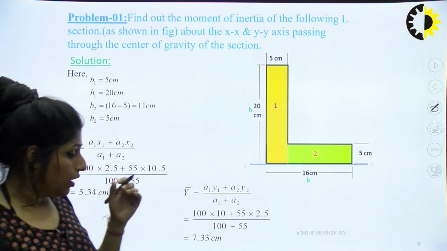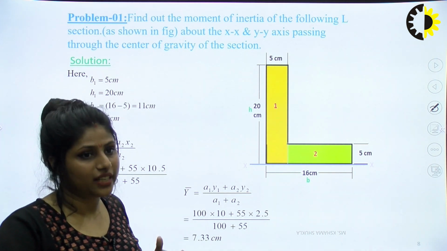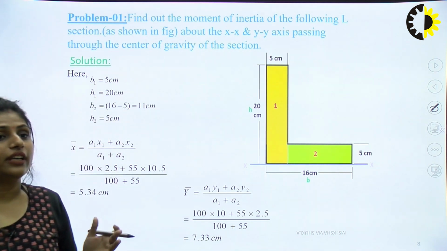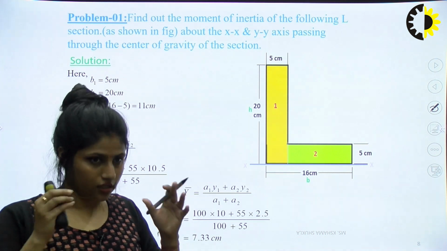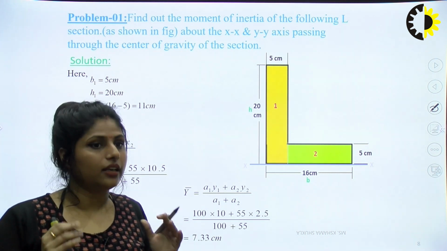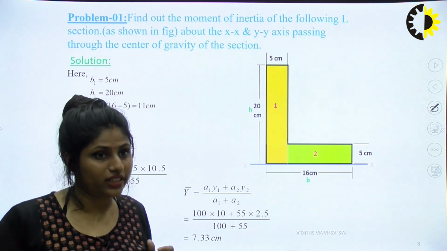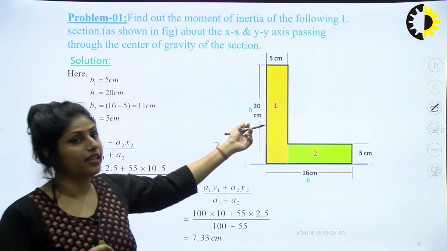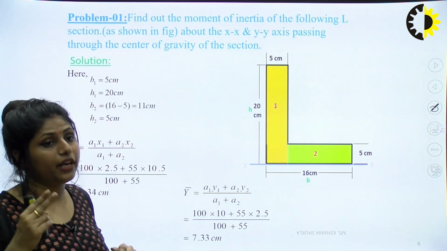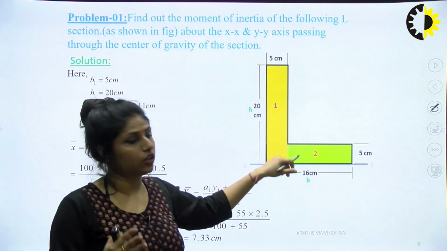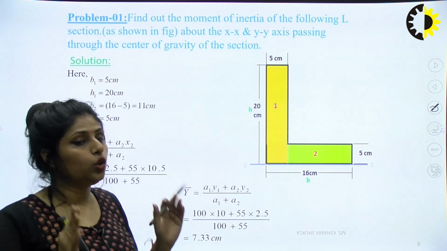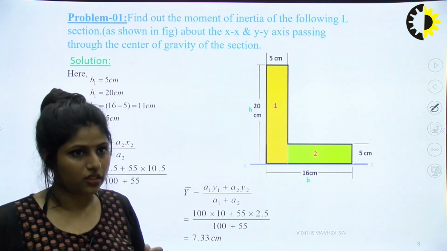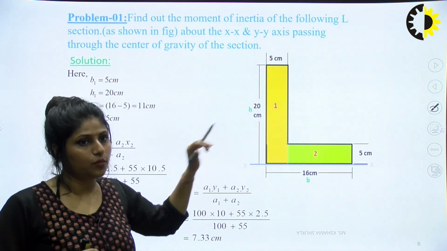Another thing is the composite section. If we merge different shapes and sizes of sections in a single diagram, I can say that this is our composite diagram. Like this L-shaped diagram, which is made of two sections, one rectangle and a second rectangle. Two rectangles merge and make an L section, so it is a composite section.